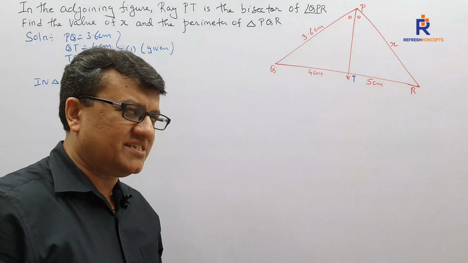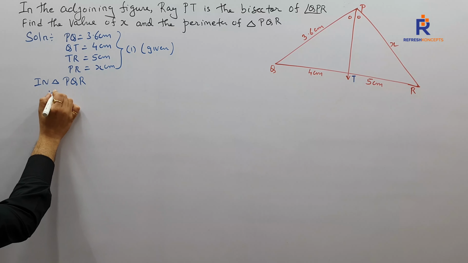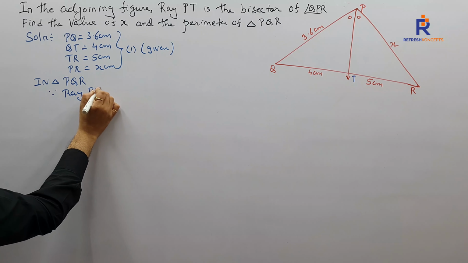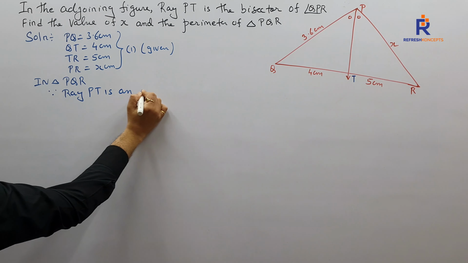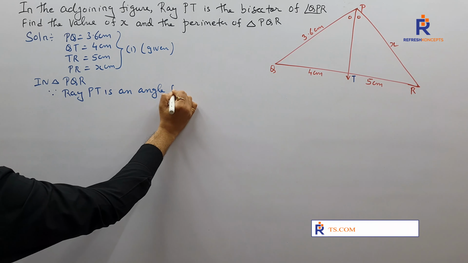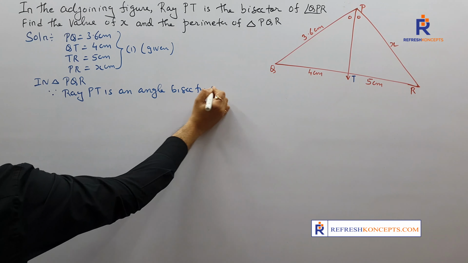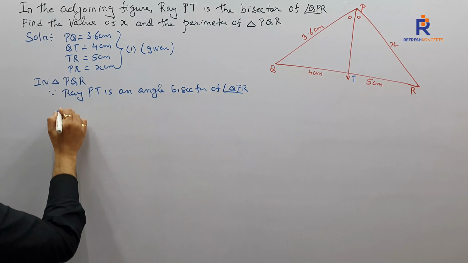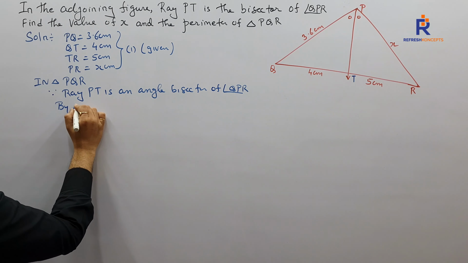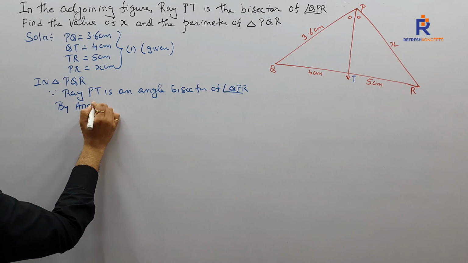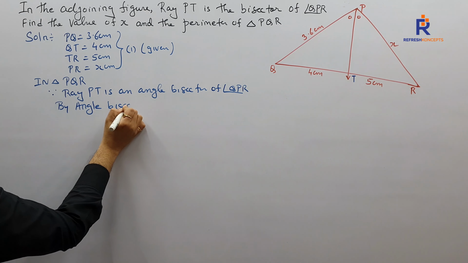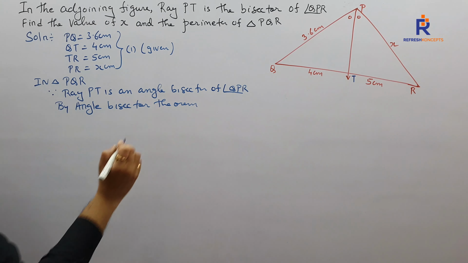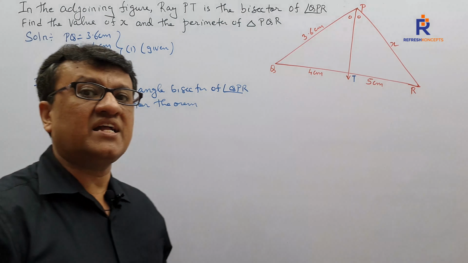Is PT angle bisector given? So we shall say, since PT, if you want you can use the word ray PT, is an angle bisector of angle QPR, so by angle bisector property or angle bisector theorem, many of them can call it as by the property of angle bisector.